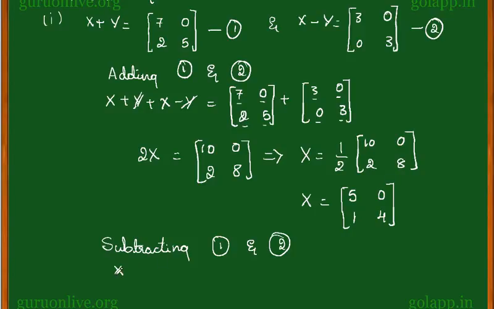I get x plus y minus of x minus y, which gives minus x plus y, is equal to, in the RHS, the first matrix 7, 0, 2, 5 minus of 3, 0, 0, 3.